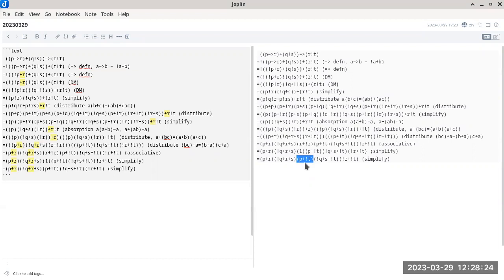I think the P or not T is redundant because of the P or R and the not R term. I see what you mean. Basically, it is the result of this thing being resolved with this thing here, and the end of that resolution is this thing here.